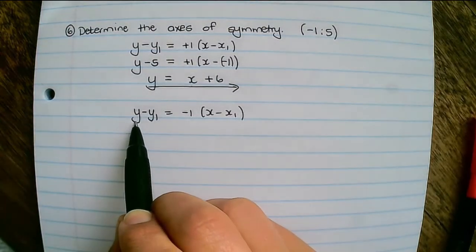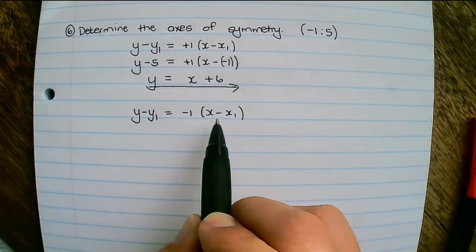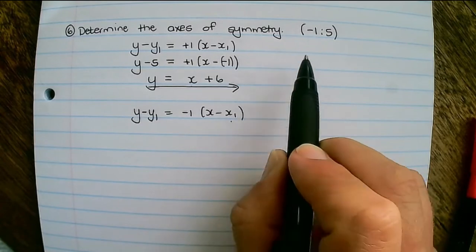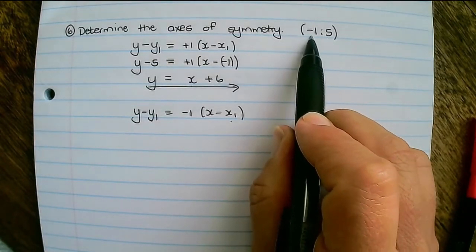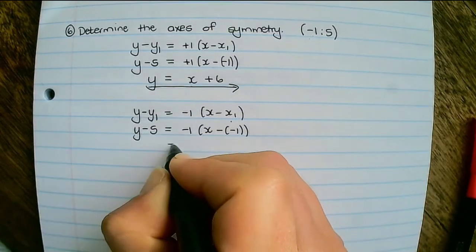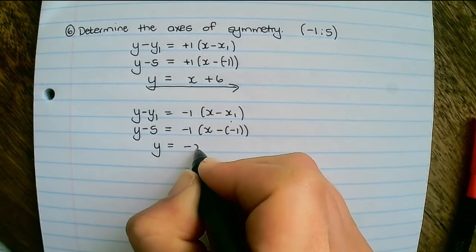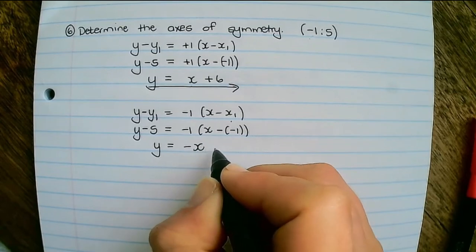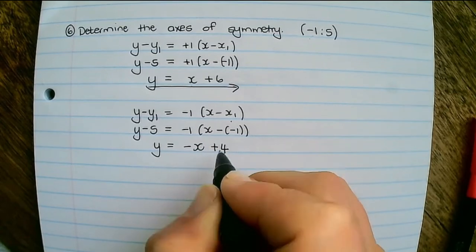And for the second axis of symmetry with a negative gradient, I would simply substitute in those same values for x1 and y1. And if I simplify, I see that this equation is y equals -x plus 4.